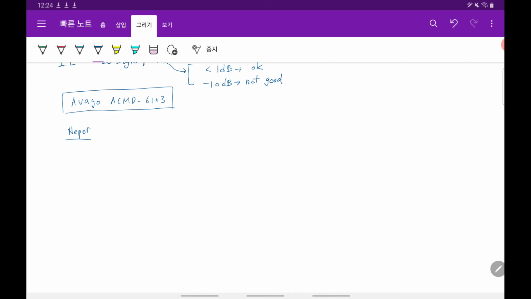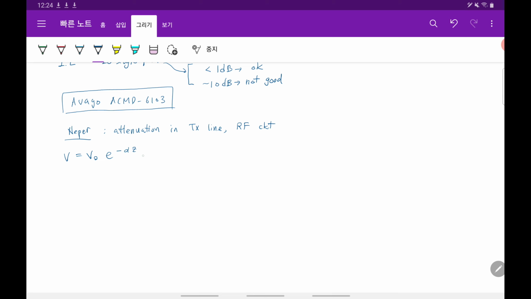And then we also learned the Neper, right? Neper, you guys learned from the electromagnetic course. This is related to attenuation in a TX line or any RF circuit, right? Normally we have a voltage.